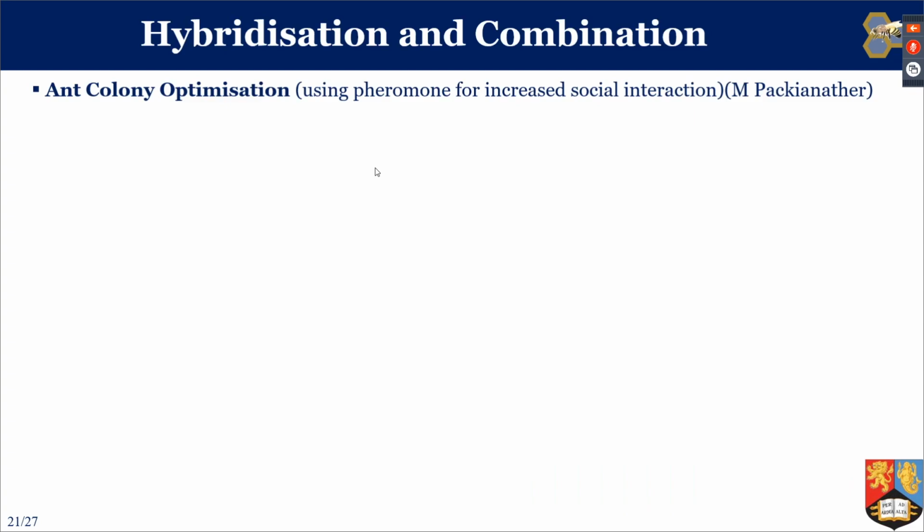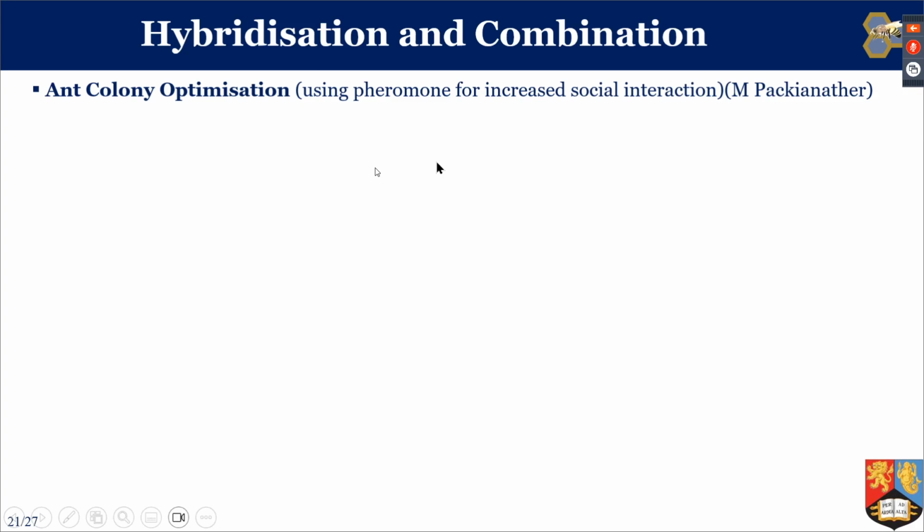So with the bees algorithm, you can form new versions by hybridizing the algorithm with other established optimization tools, like the ant colony algorithm. And it was hybridized in order to use the pheromone idea to increase interaction between the bees. And this was pursued by our colleague, Dr. Michael Pakianatha at Cardiff University. And there was another researcher, Sami Otri.